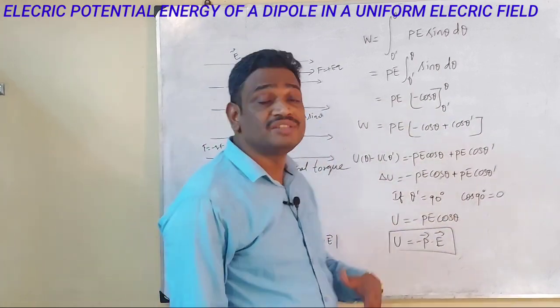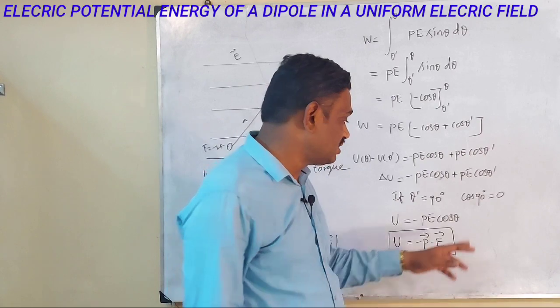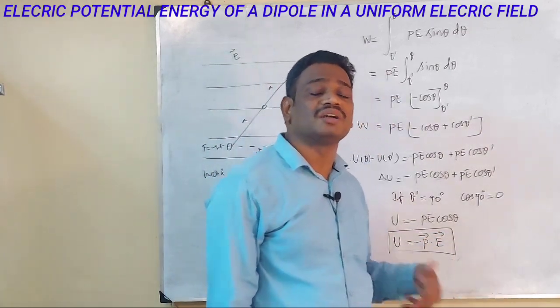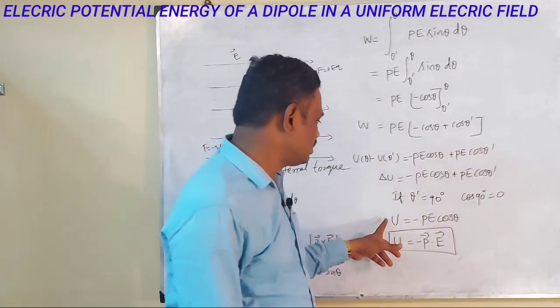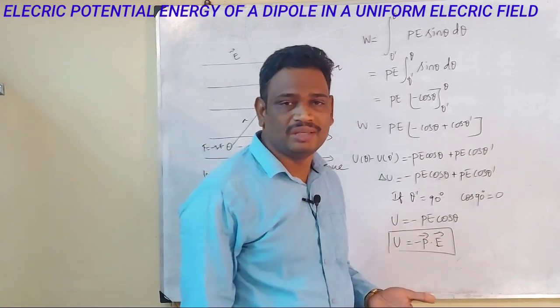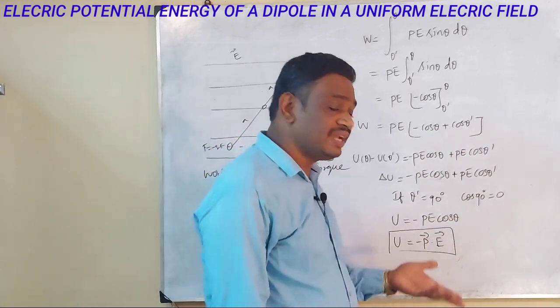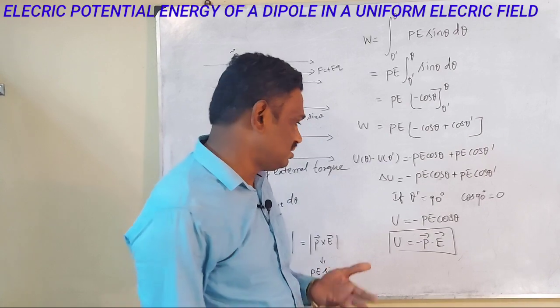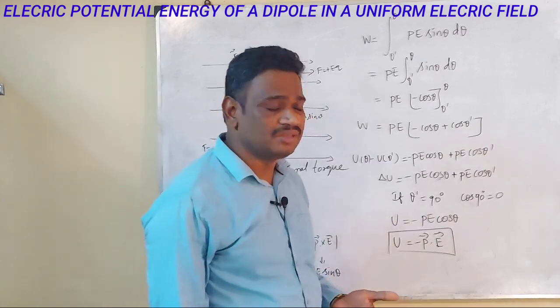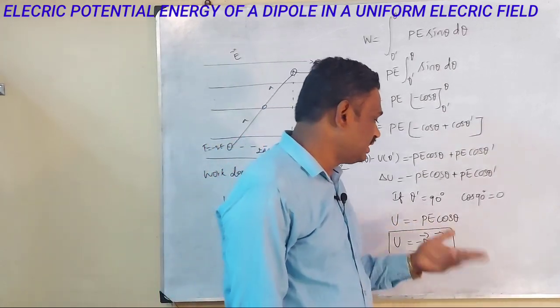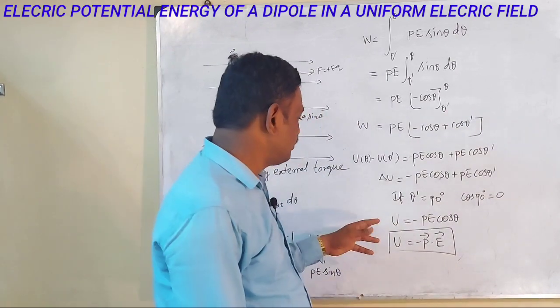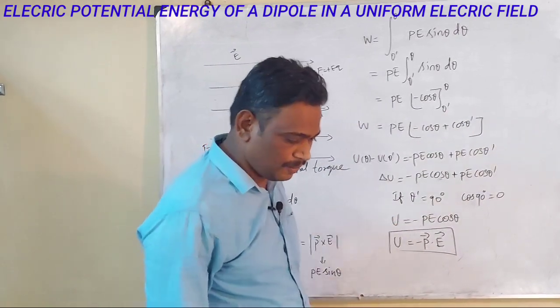This potential energy will be minimum, minus P, if theta is equal to 0, because cos 0 is 1. If theta is equal to 90, cos 90 is 0, so the potential energy will be 0. If theta is equal to 180, then the potential energy will be maximum.